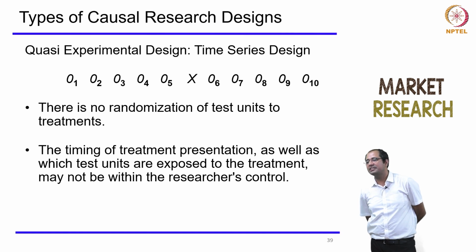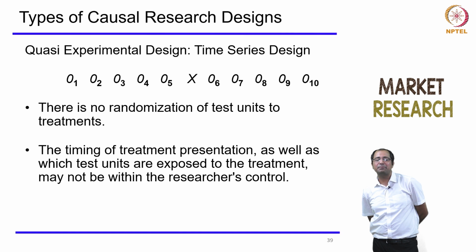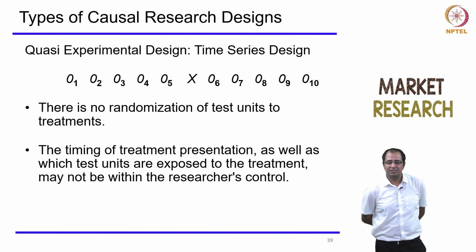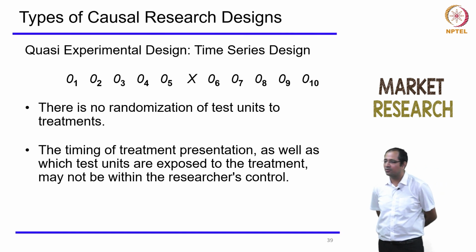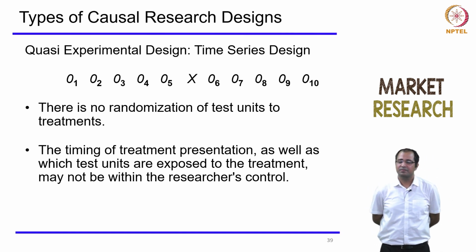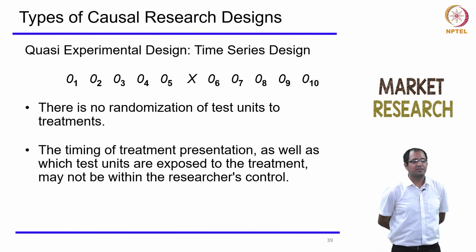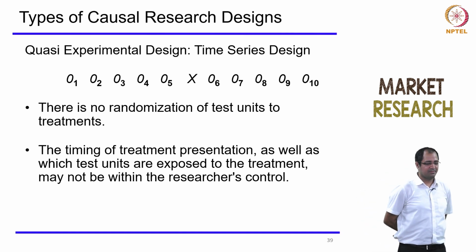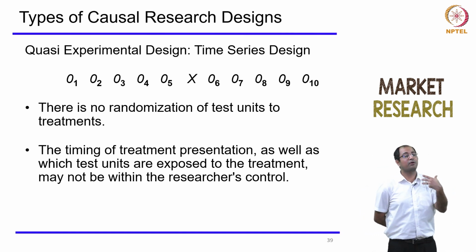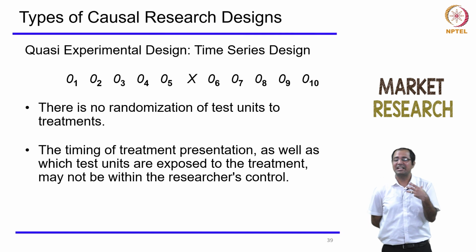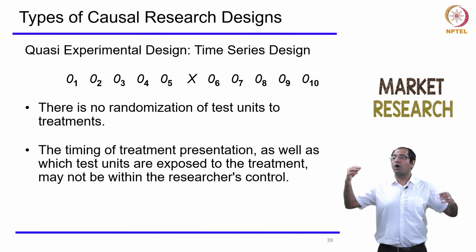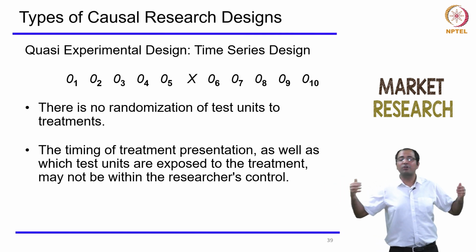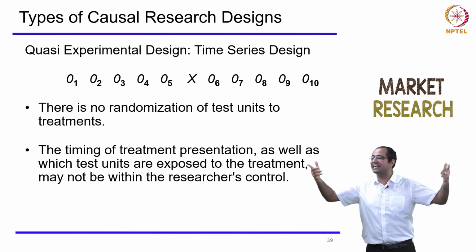Now what is the use of such a design when nothing is under my control? Quasi-experiments are generally done in the field. So what is under the control of the researcher? Who the test units are going to be, and when I take the observations.